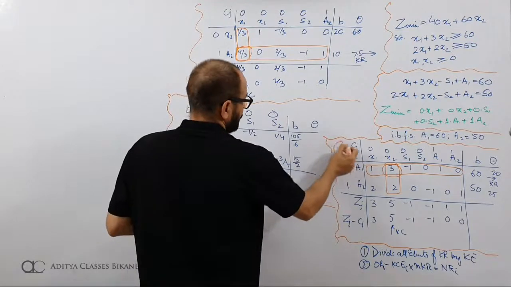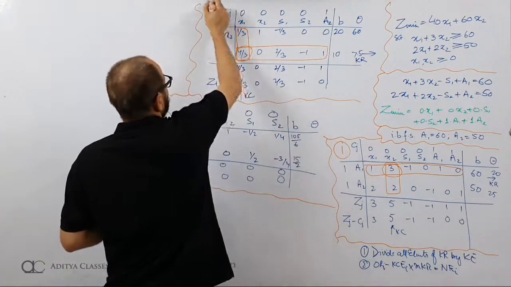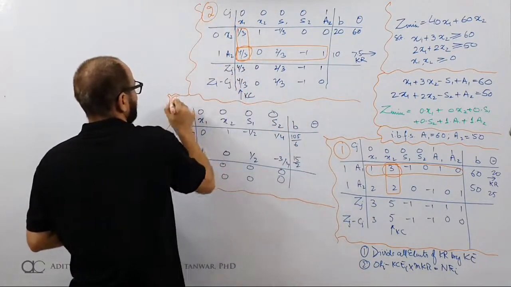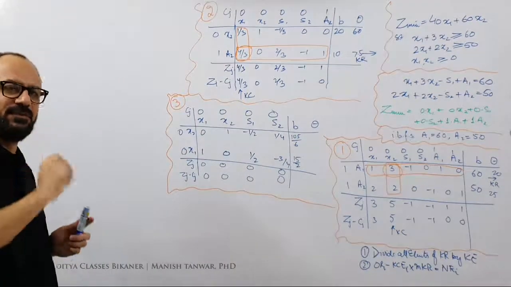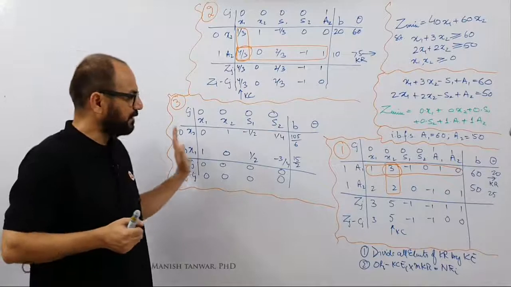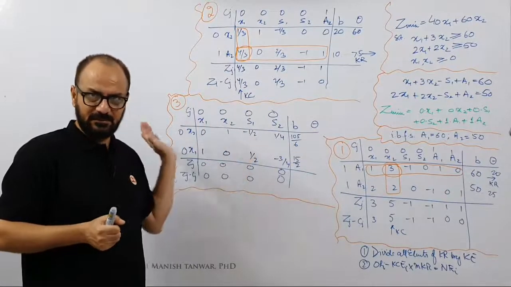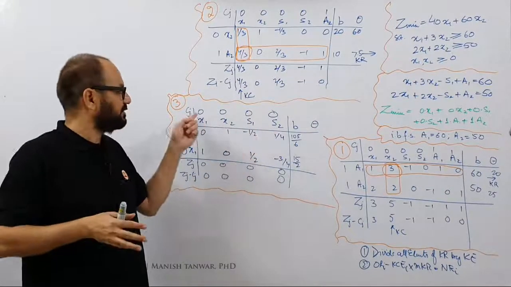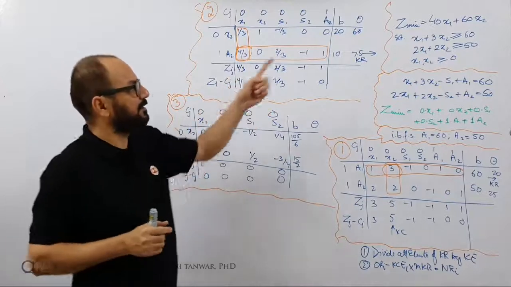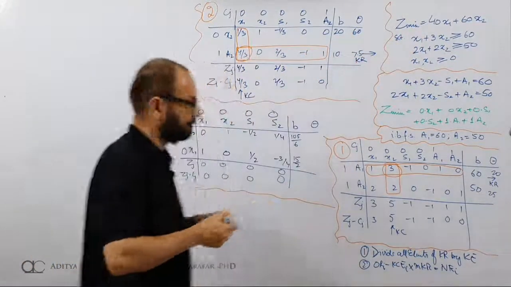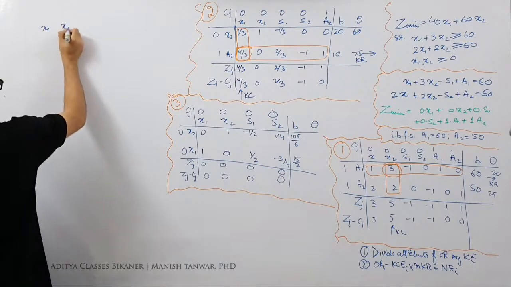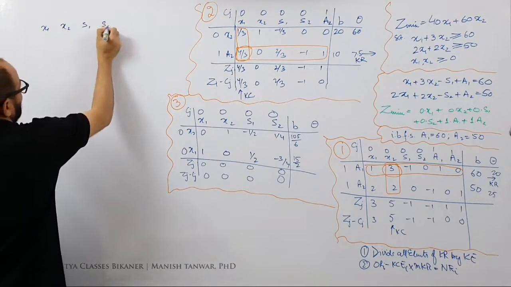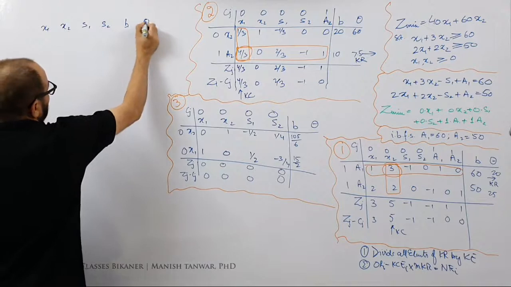In phase 1, we had first table, second table and third table. Now, because this is end of phase 1, we can move to phase 2. How do we go to phase 2? We keep all these matrix values intact. We just replace the auxiliary function with the original function. So, our phase 2 would be x1, x2, s1, s2, b and theta.